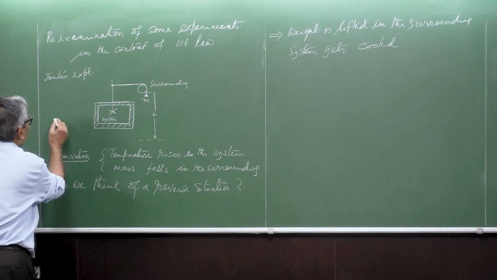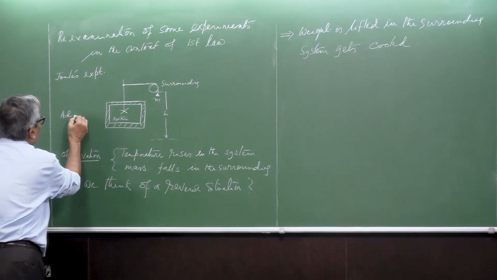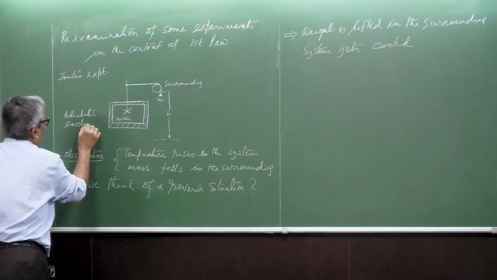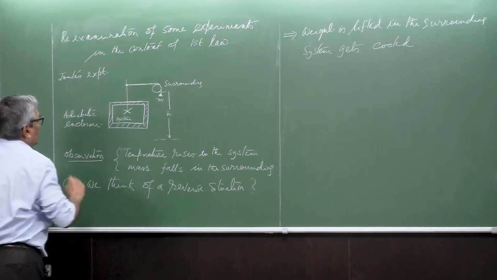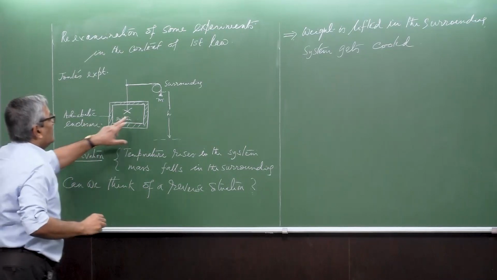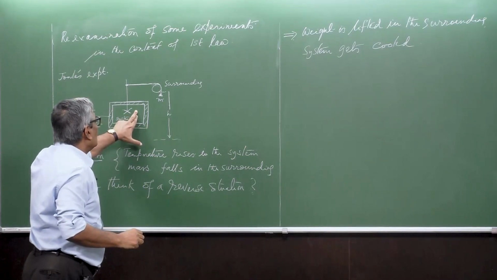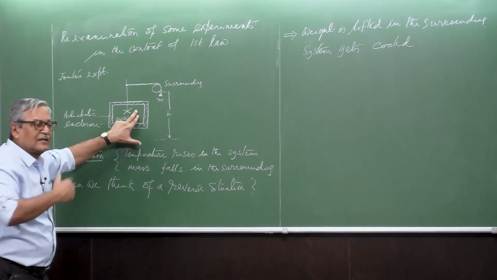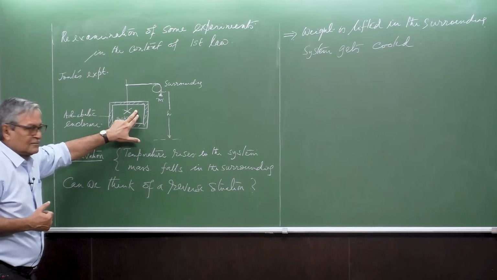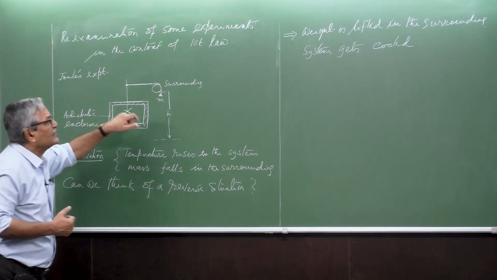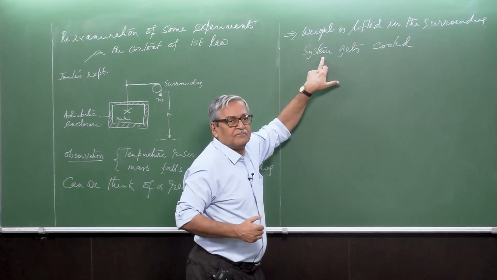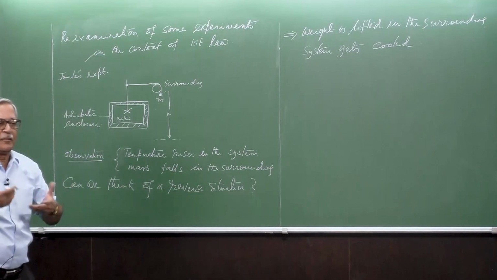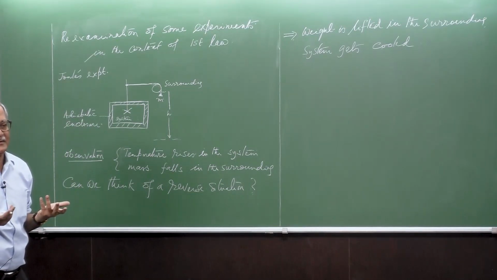I remind you that this is an adiabatic enclosure. Why can you not do it? Because to lower the temperature of the bath, somebody must take the heat out of the system. Otherwise, you cannot cool the system. But there is an adiabatic enclosure, so of course you cannot do it. That is the reason.